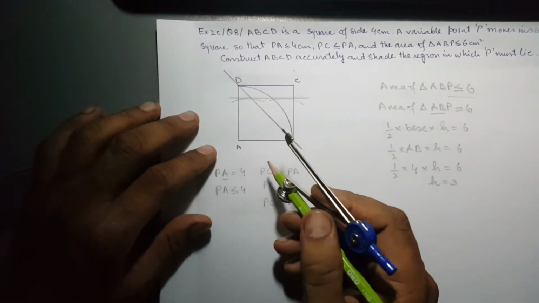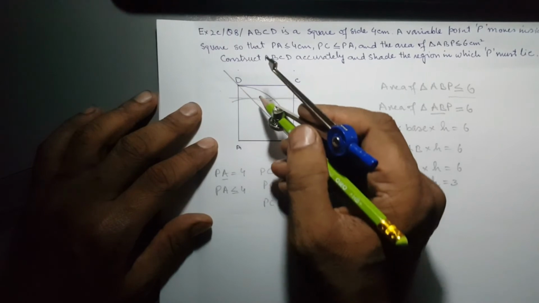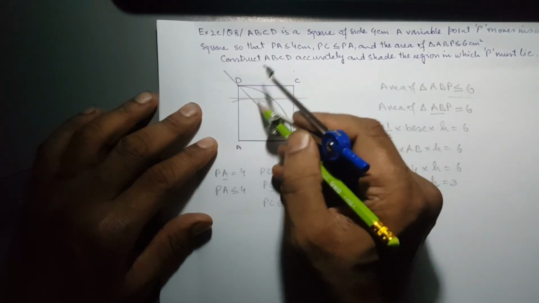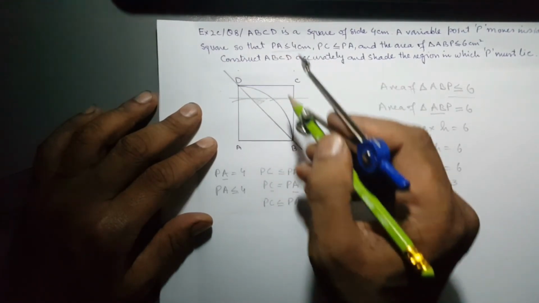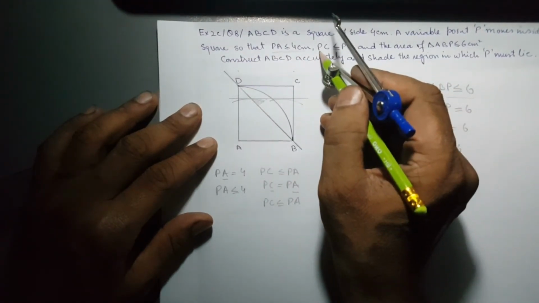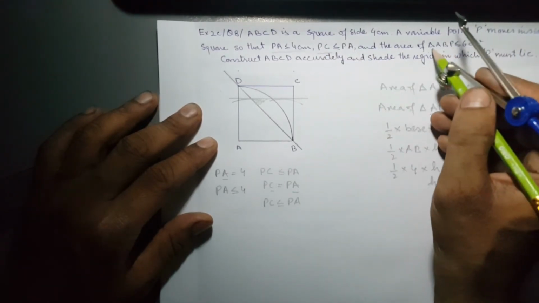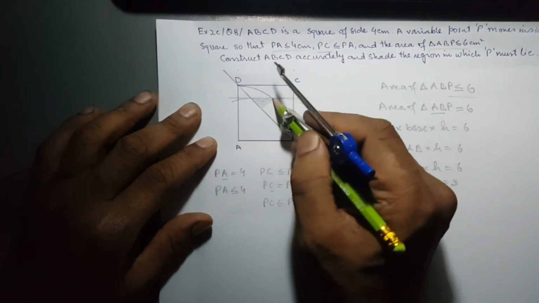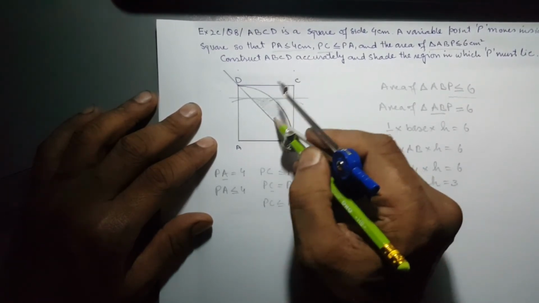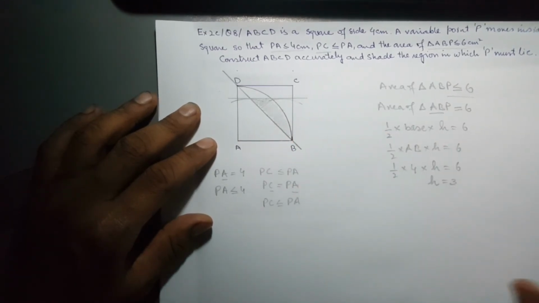So we should remain below this parallel line so that the height of the triangle is less than 3. We will remain inside the circle, towards C, and the area should be less than 6. So this one is the required region described by this question. Now another question about the area.